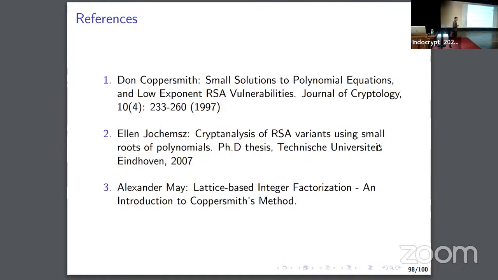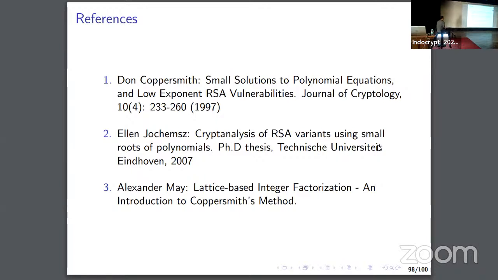For reference, you can read this Journal of Cryptology paper, which is very easy to read, I should say. Basically, I read this 2007 thesis during my PhD time. If you like, you can try to read this PhD thesis, and also this is a really nice survey article.